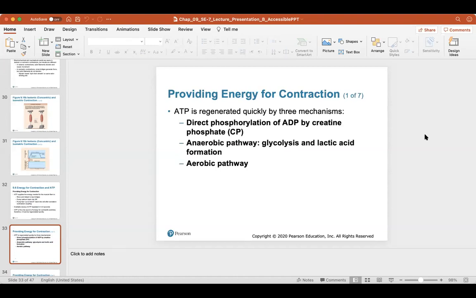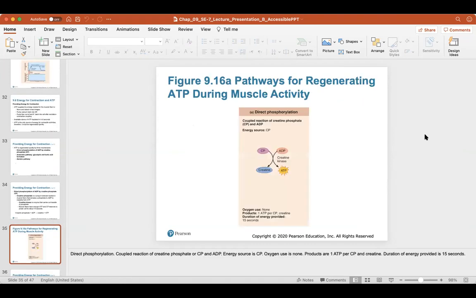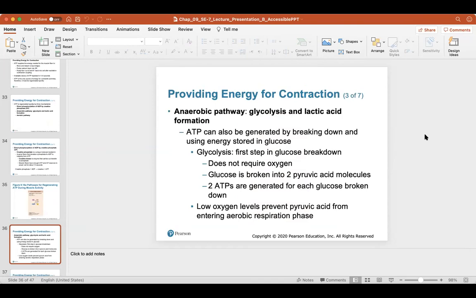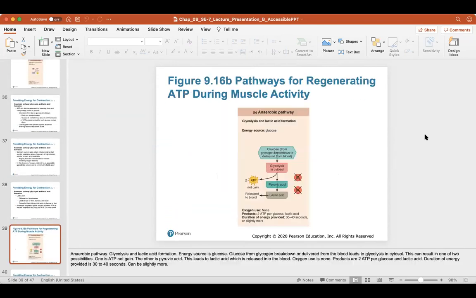ATP is regenerated by these 3 mechanisms: direct phosphorylation of ADP by what we call creatine phosphate, the anaerobic pathway, which uses glycolysis and lactic acid formation, and then the aerobic pathway. I'm going to let you guys read through these on your own as a brief review. I won't ask you details about these, but you should know just briefly where the ATP comes from to generate energy for contraction.